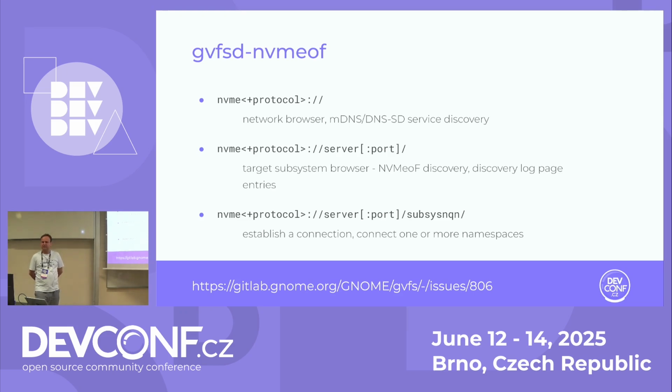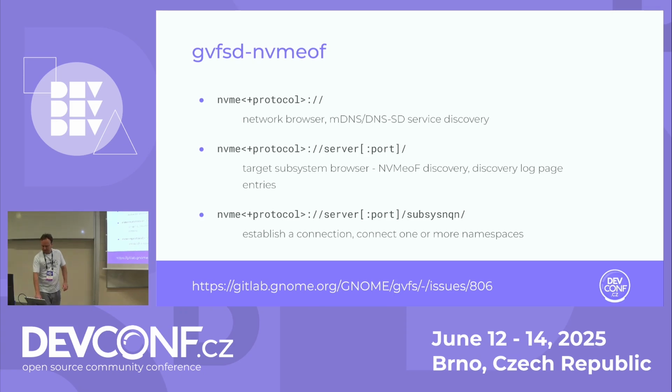You just open network neighborhood and it will auto-discover whatever you have in the network. So the same way, NVMe targets have an option to advertise themselves on the network. It's just a shortcut. But the second URI is, if you know the host name, you can directly discover subsystems that are exported on the target.